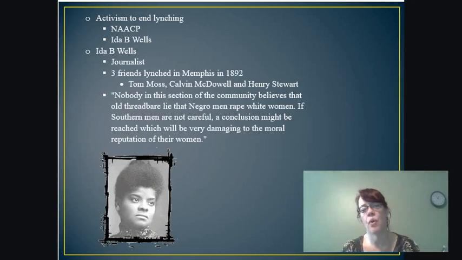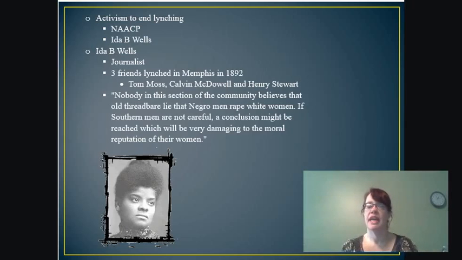And I think for Wells that was really eye-opening. She herself says in several of her writings that up until then she really believed the story that was told, but that changes dramatically once it happens to friends of hers.